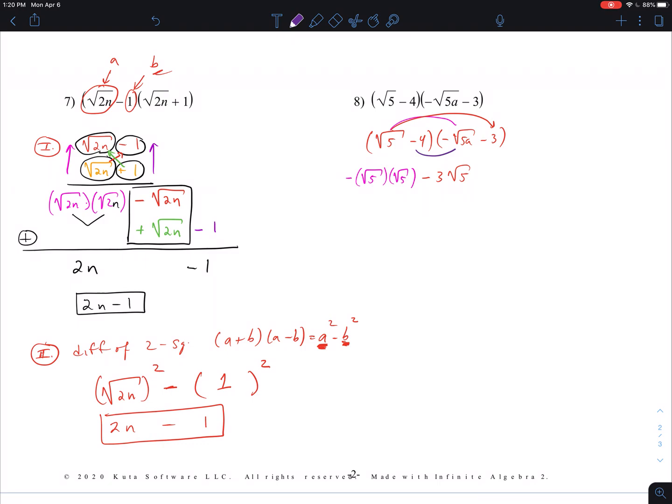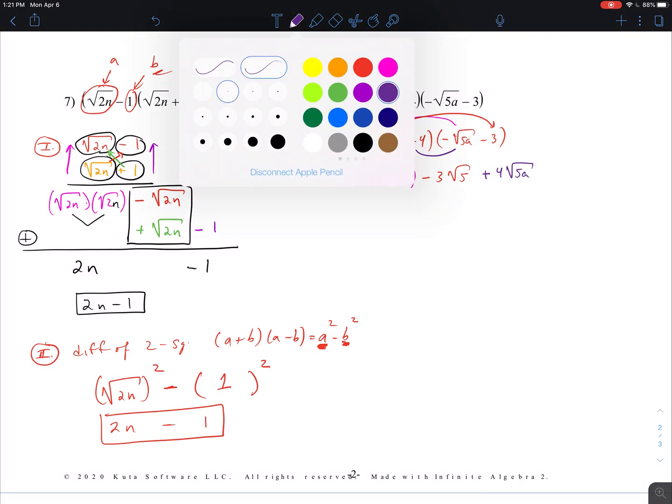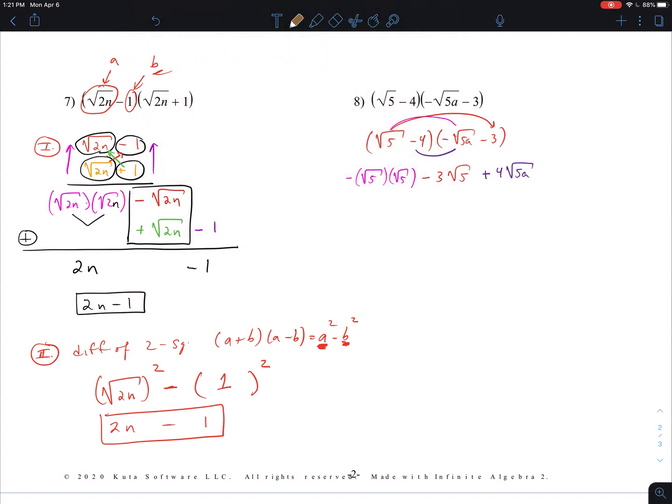So we'll put that down as positive 4 times, what was it, 5a. Then, let me see if I'm brown, I guess. Then we'll do negative 4 times negative 3, which should give us the positive 12.